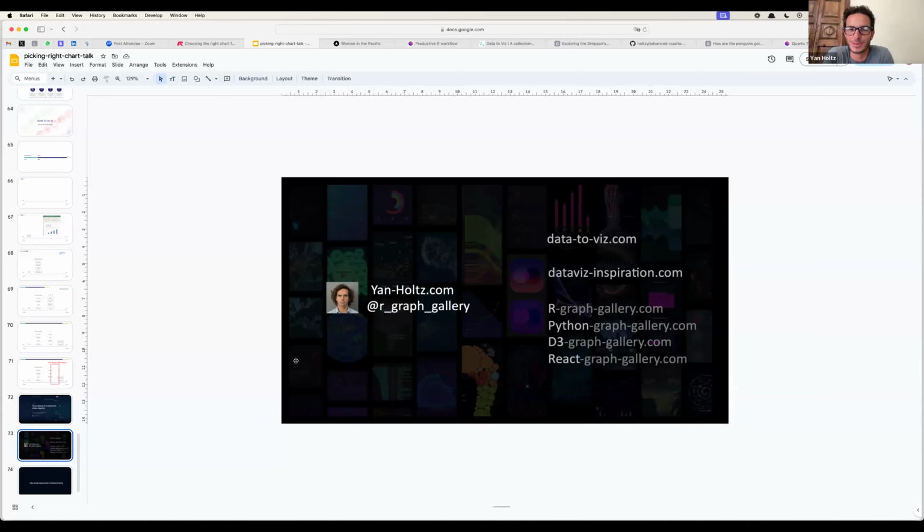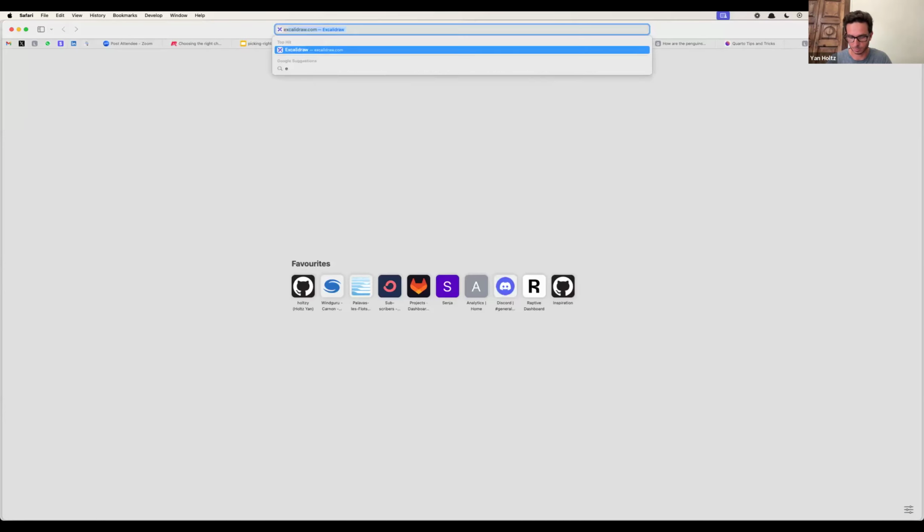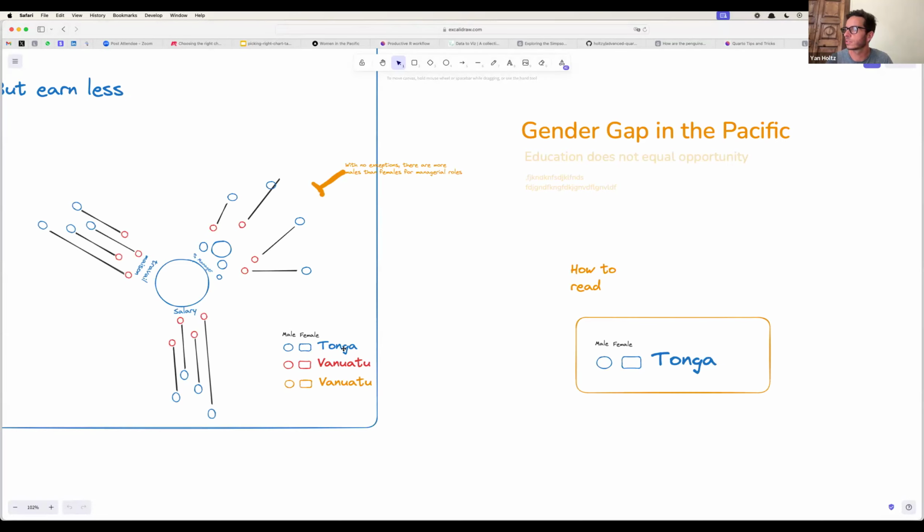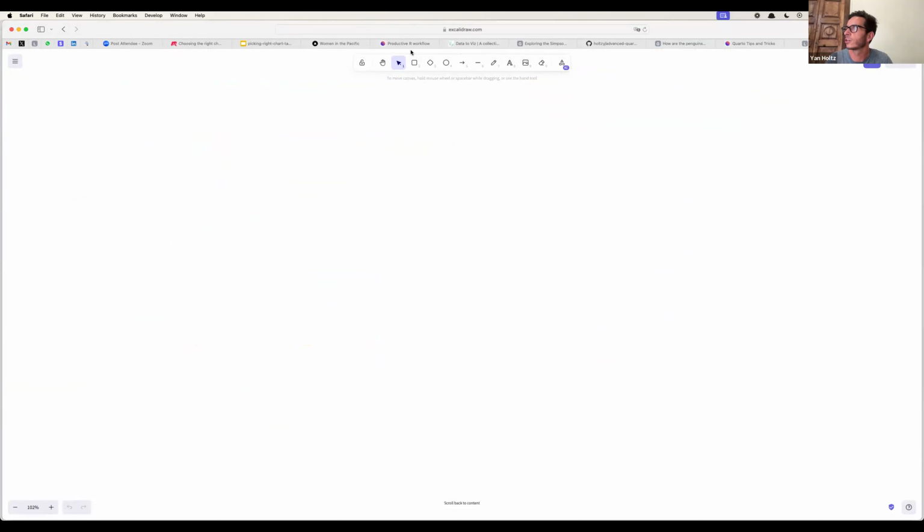So Shiny is a big topic, and I know I'm gonna have to talk about it. It's very hard for people to understand the difference between Shiny and R Markdown or Quarto. Basically, the idea, I'm gonna try something. Maybe it's not a good idea, but I'm gonna try it anyway.